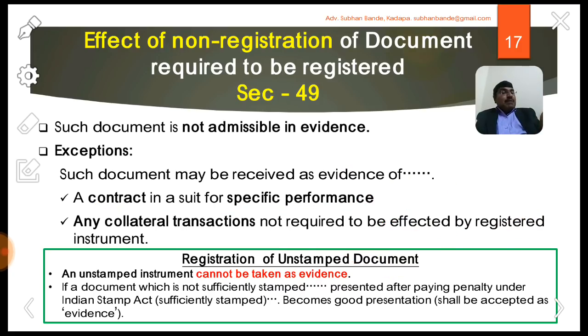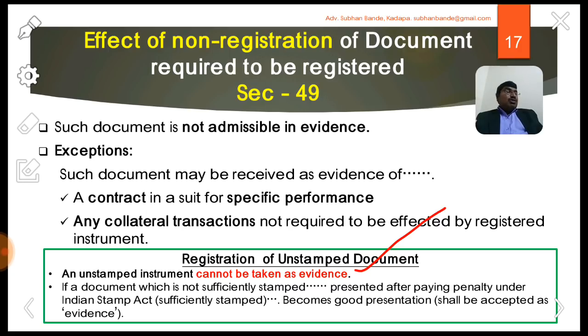Registration of unstamped document. Here it deals with the relationship between the Indian Stamp Act 1899 and the Registration Act 1908. An unstamped instrument cannot be taken as evidence. The document should always be sufficiently stamped.